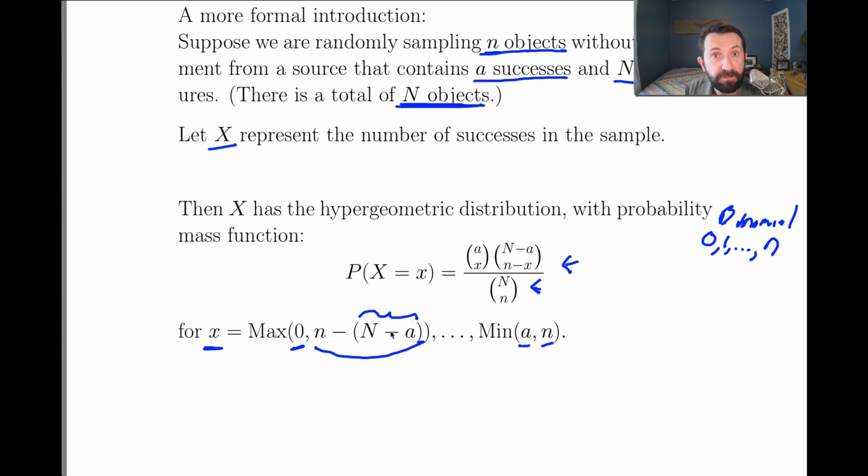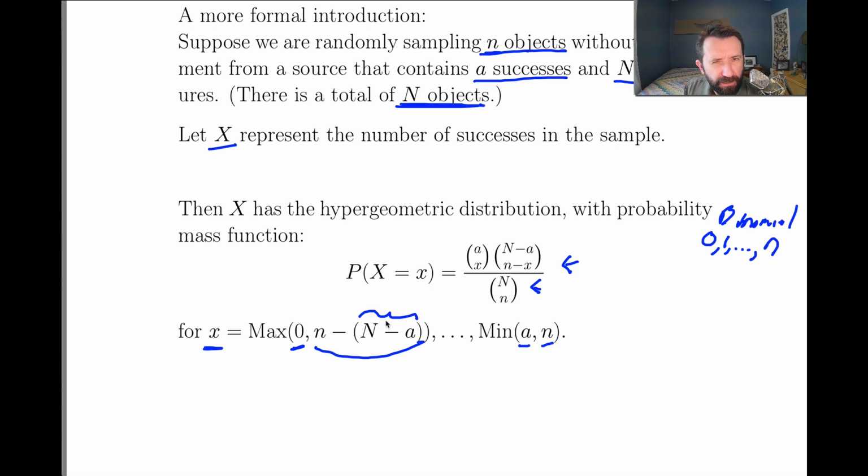The maximum number of failures we get cannot possibly be larger than the number of failures in the population. So this is the maximum number of failures we could get in our sample. The number of failures we get cannot be larger than this quantity, the number of failures in the population.